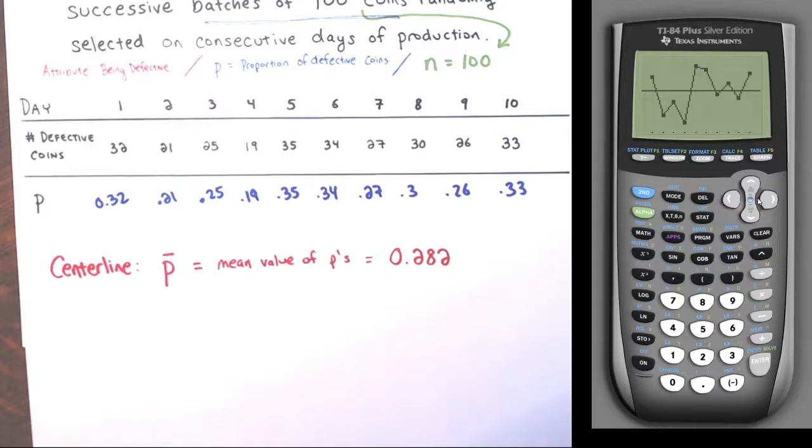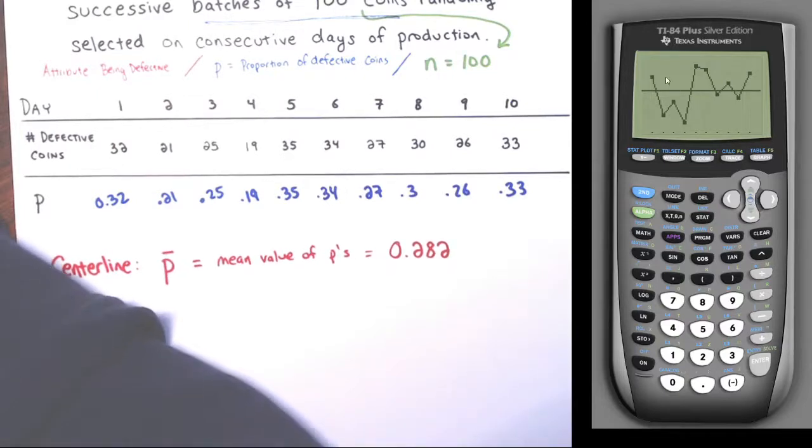Notice I am not seeing, any place in this graph, 8 in a row below the center line or 8 in a row above the center line. So far it looks pretty stable to me, right? And it's not getting wider as you move to the right. It's not always increasing, not always decreasing. I don't notice any obvious pattern.